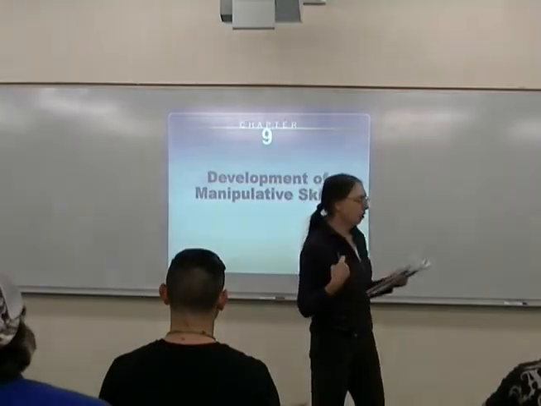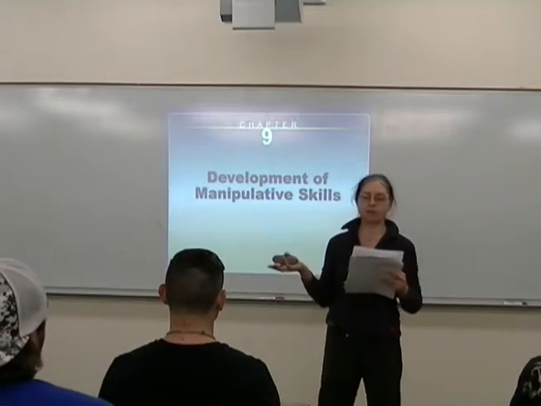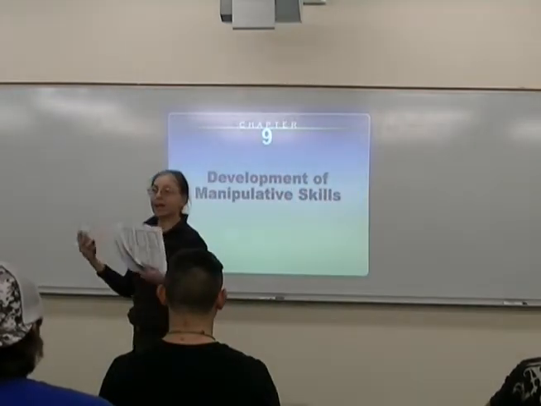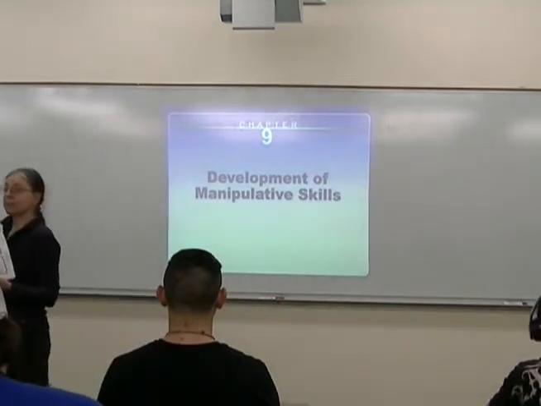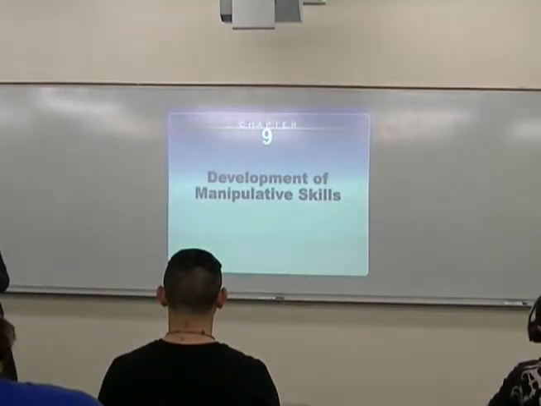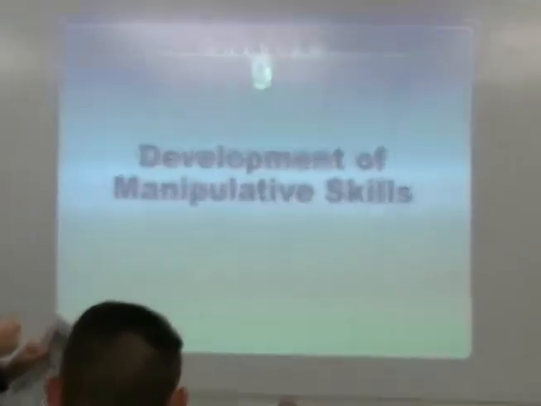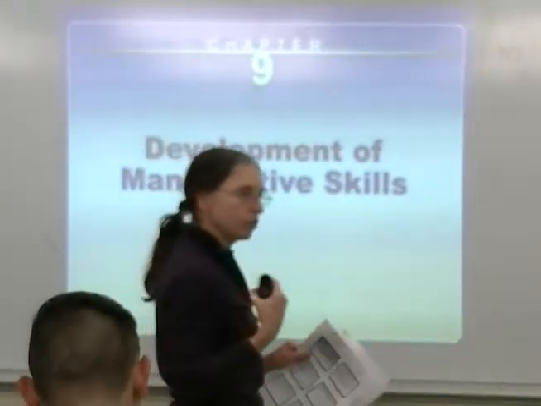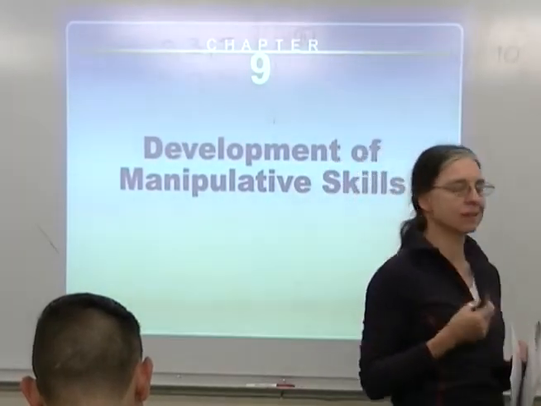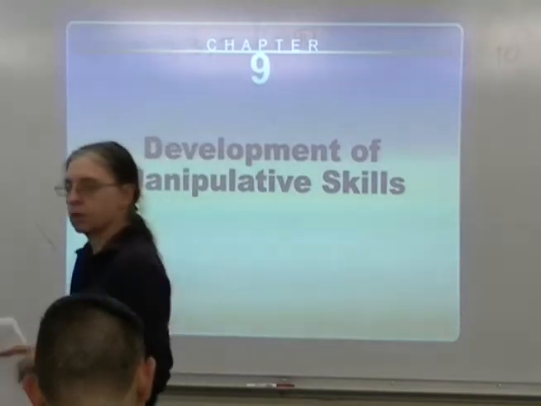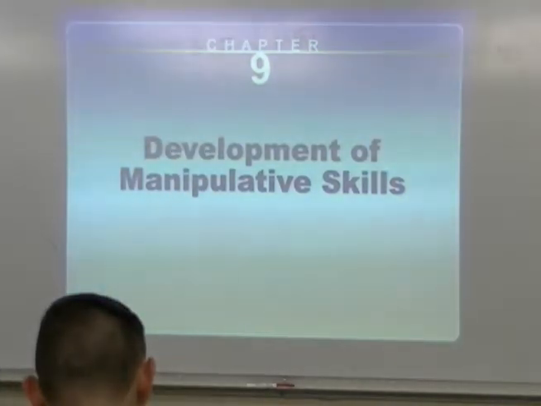Name 2 of the constraints that are related to success when we're intercepting, i.e. catching. It doesn't have to be catching, but that's the main skill this chapter is talking about. So name 2 of the constraints that are related to success when we have to intercept in a skill.